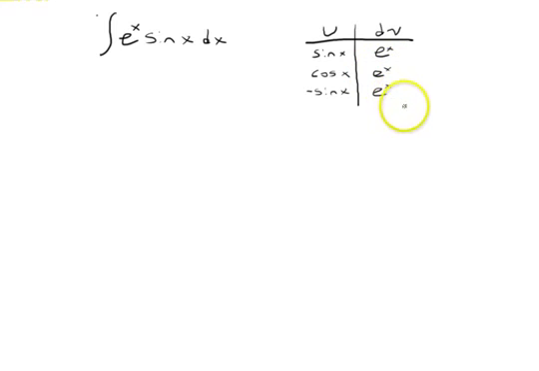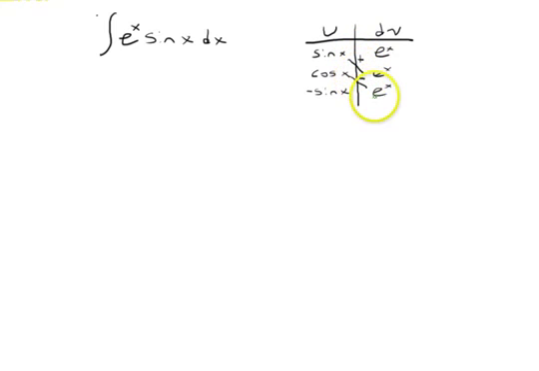I'm going to stop here because if I look at the table, again, I'm considering where to stop based on what my integral would be. Across the bottom row here, my integral is e to the x sine x, which is the same integral I started with. And there's something that I can do with that to help me avoid having to take the integral at all. So I'm going to complete this.